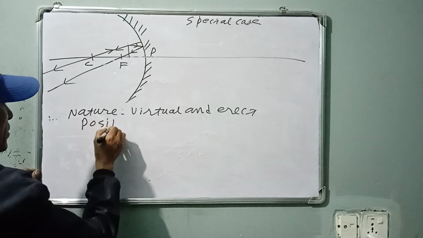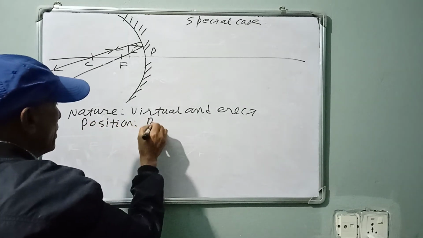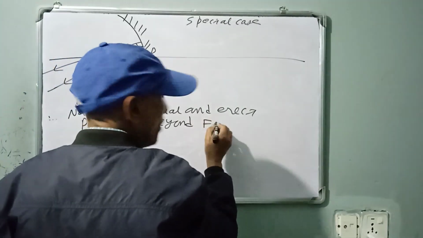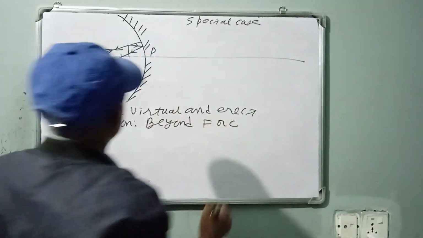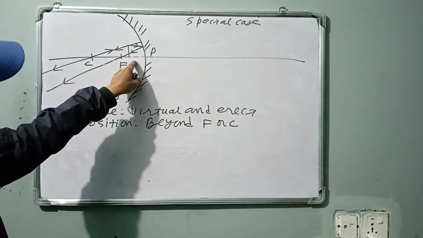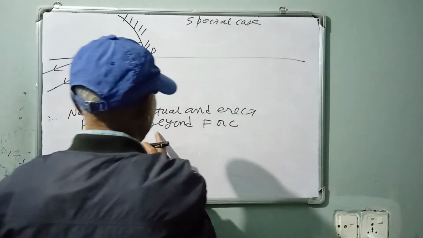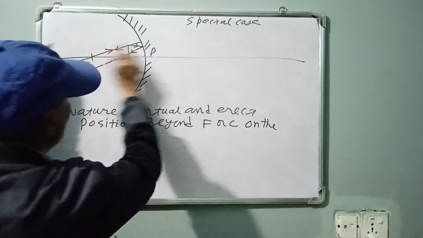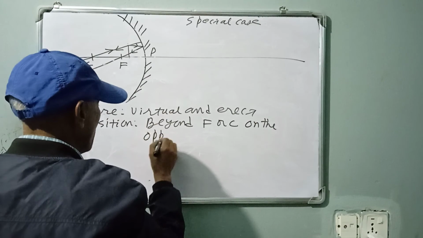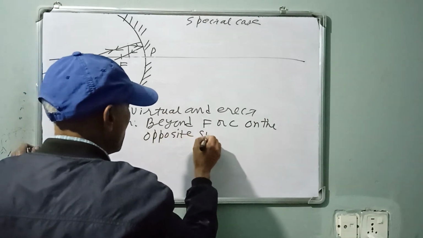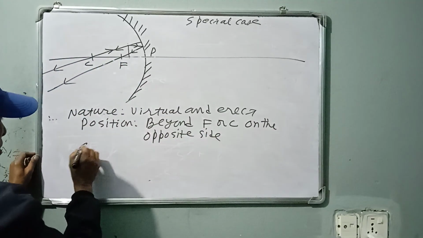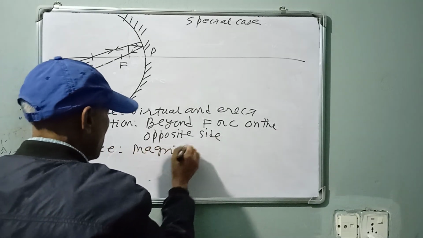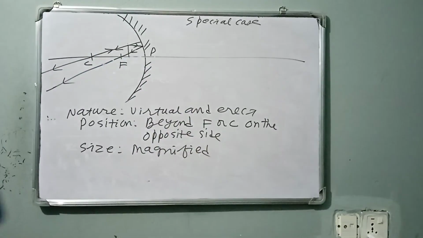Position: beyond F or C, because it depends upon the position of the object, on the opposite side. Size of the image is magnified. How to write down the language?